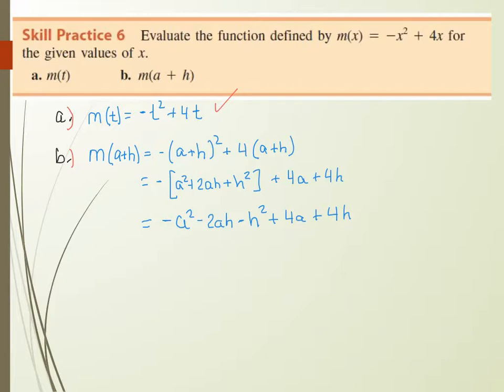And when we put in a plus h, we get m of a plus h is equal to a plus h minus parentheses a plus h squared plus 4 parentheses a plus h. We do our expansion, and our final answer is m of a plus h is equal to a plus h minus a squared minus 2ah minus h squared plus 4a plus 4h.